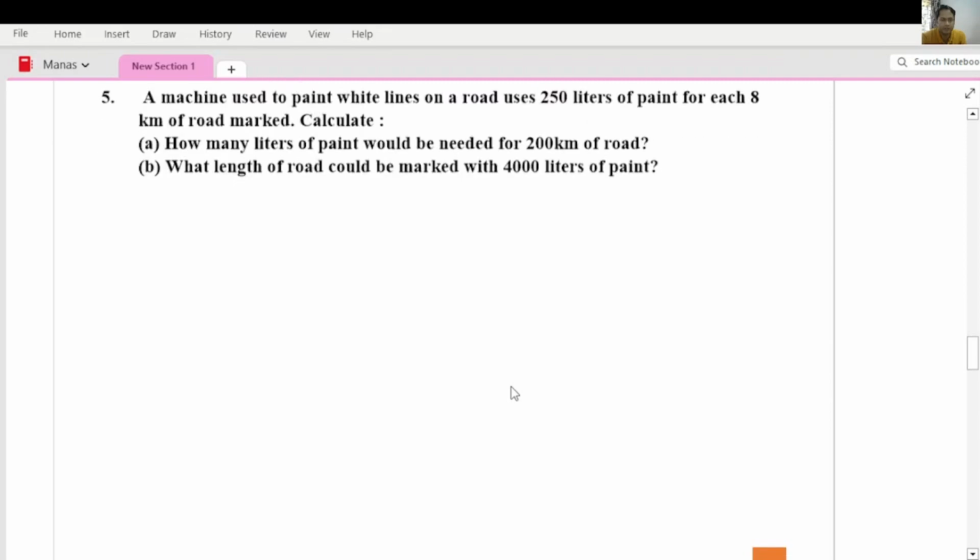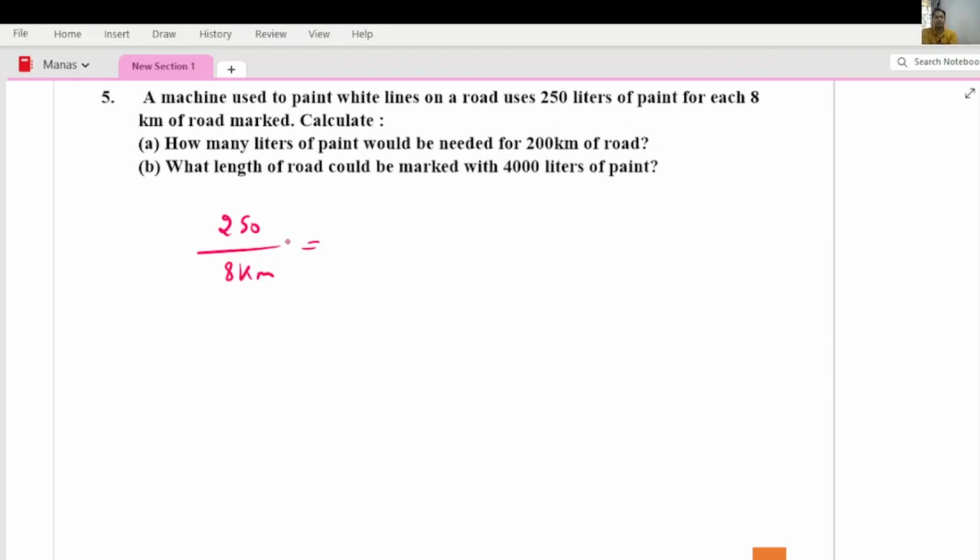Similar type of question is here. A machine used to paint white lines on the road uses 250 liters of paint for each 8 kilometers of road marked. Okay, so there is a machine which basically uses 250 liters of paint for painting 8 kilometers of road.